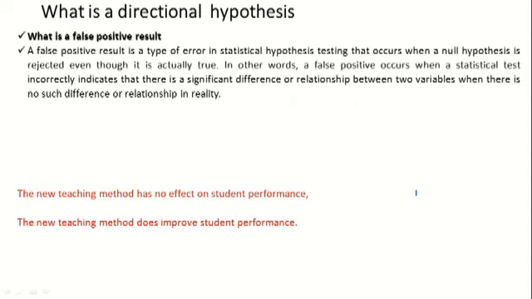In other words, a false positive occurs when a statistical test incorrectly indicates that there is a significant difference or relationship between two variables when there is no such difference or relationship in reality.